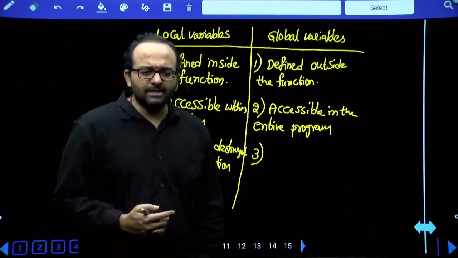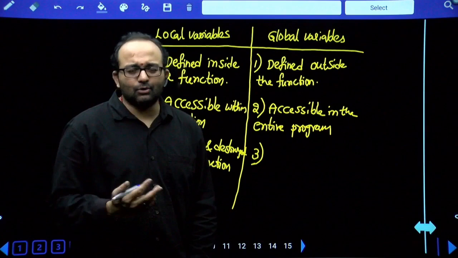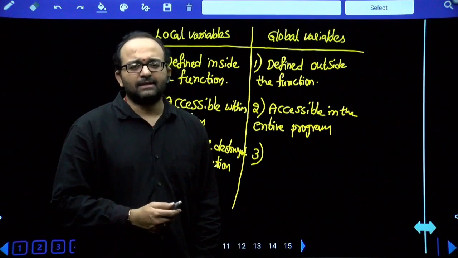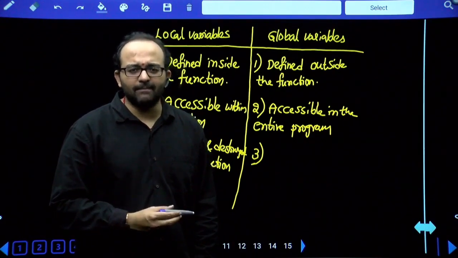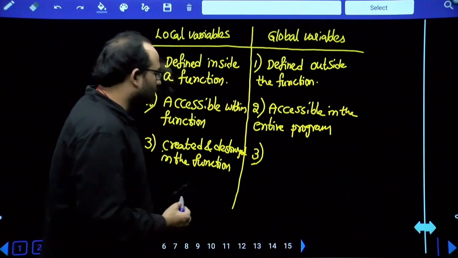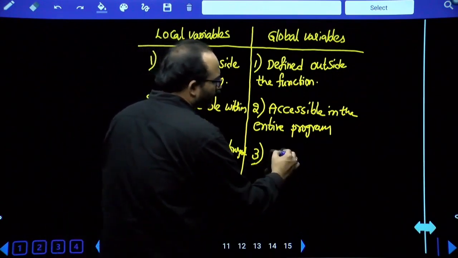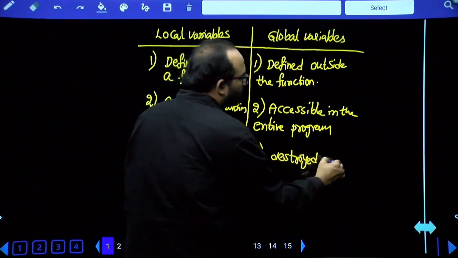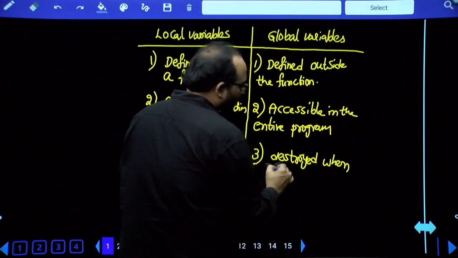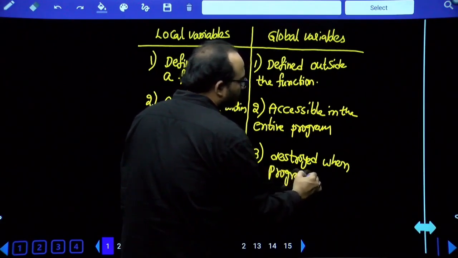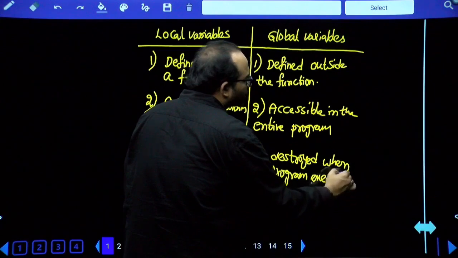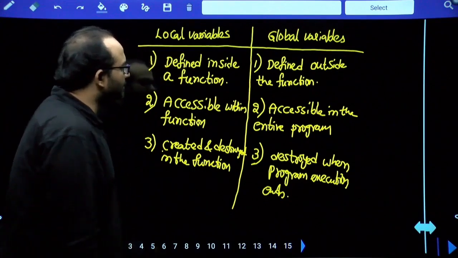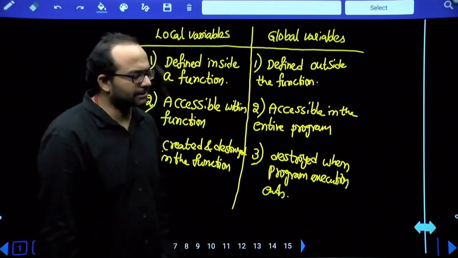When the program execution starts, the corresponding memory is allocated for these global variables, and they are destroyed when the program execution ends.